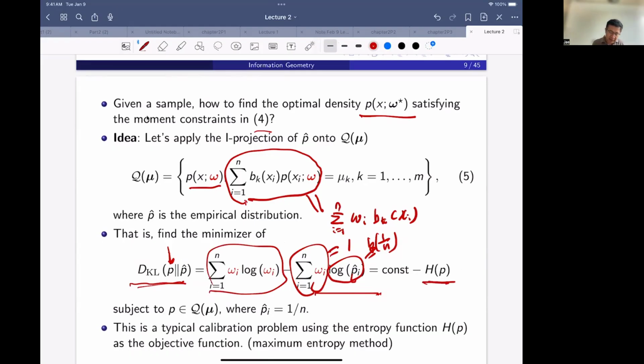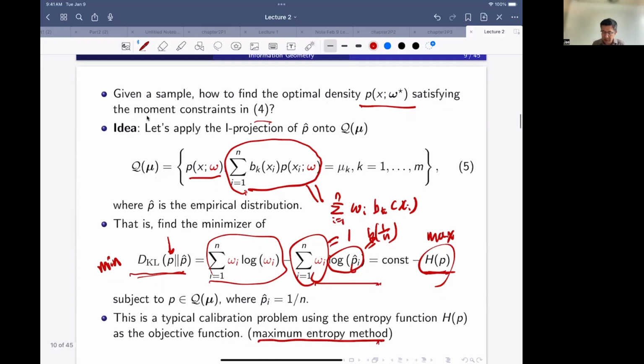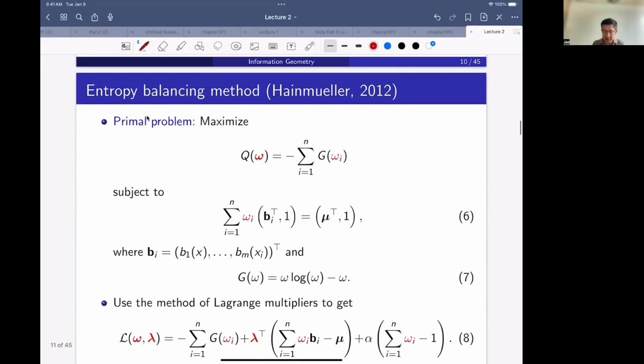So minimizing this is maximizing this, right? So that's why it is called the maximum entropy method. The maximum entropy method just tries to solve some optimization using the entropy as an objective function.